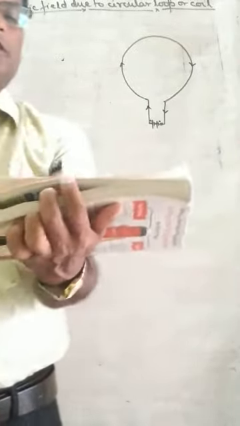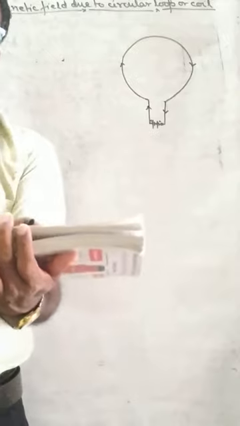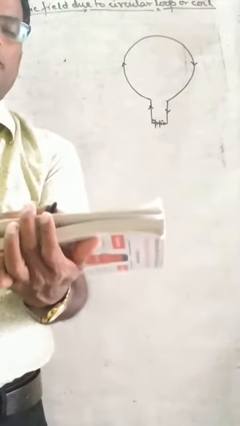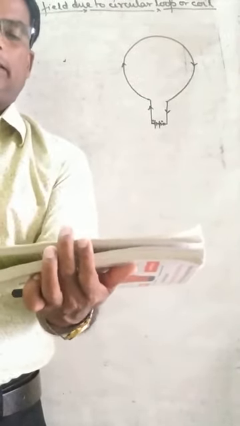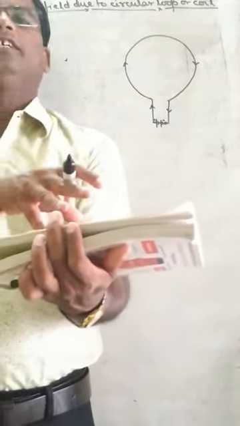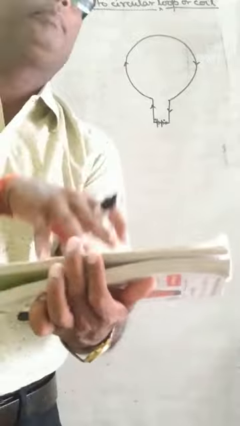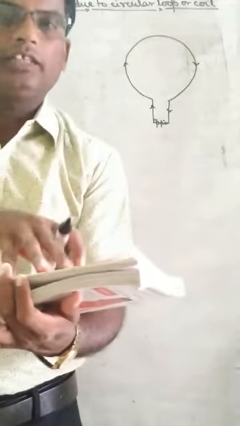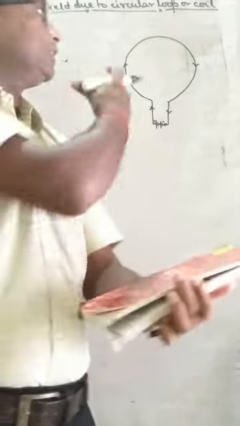Then what happens to the iron filings? You tap the table gently, and all the iron filings are arranged in a proper pattern. And what is that proper pattern? I will discuss with this diagram.